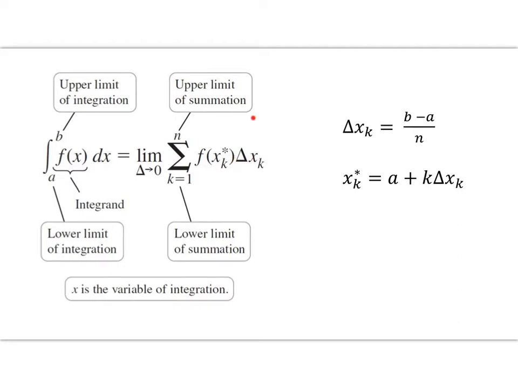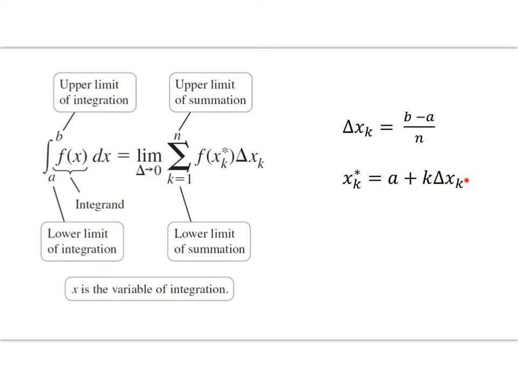Now remember, to figure out the width of our rectangles, we take the difference in the closed interval a to b, so b minus a, and divide it by n, where n is the number of rectangles that we want. That's how I get my width. To figure out xk, wherever the interval started, I add on however many widths I have.